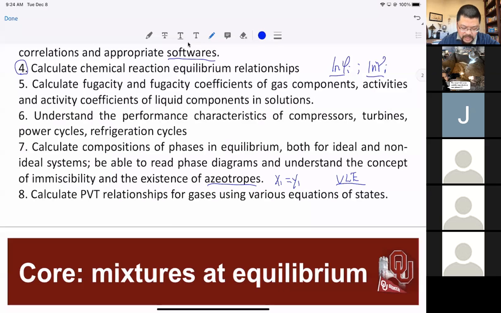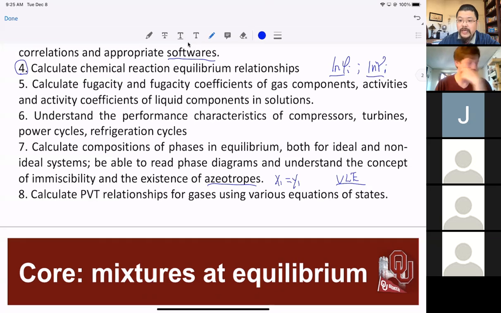Number 8 would be calculate the PVT relationship for gases using various equations of state. If you recall, that is also a huge part in the second unit. We were trying to introduce the four energy equations, the four derivatives of those equations, and the Maxwell correlations.